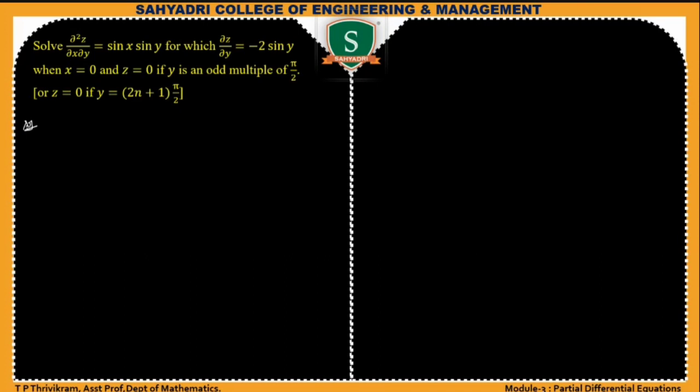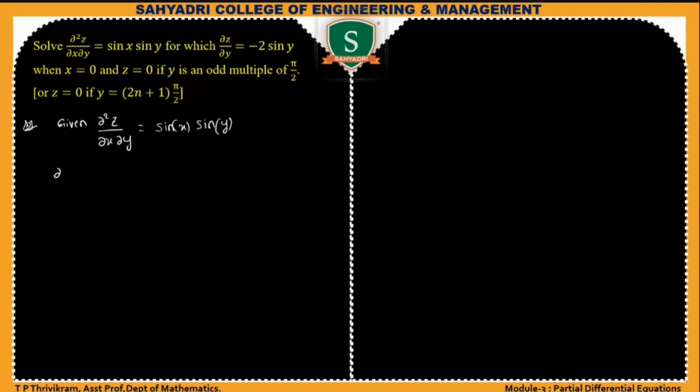So here they have given dou square z by dou x dou y is equal to sin x into sin y. First, how to write it in notation form, let us see.